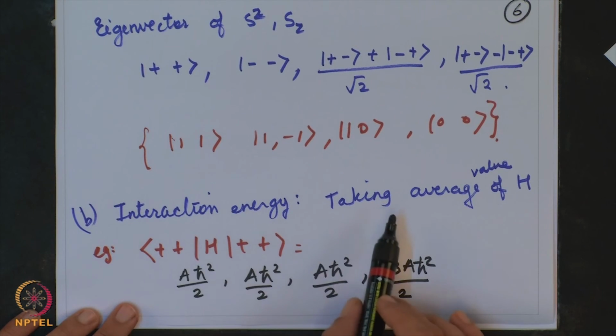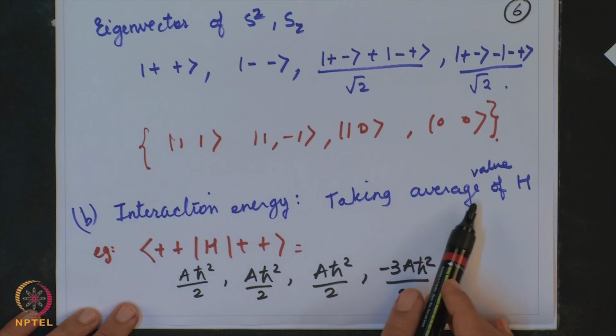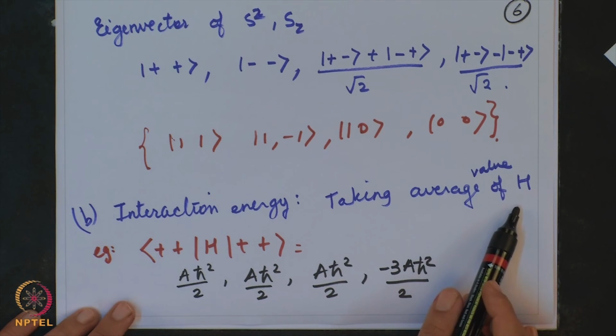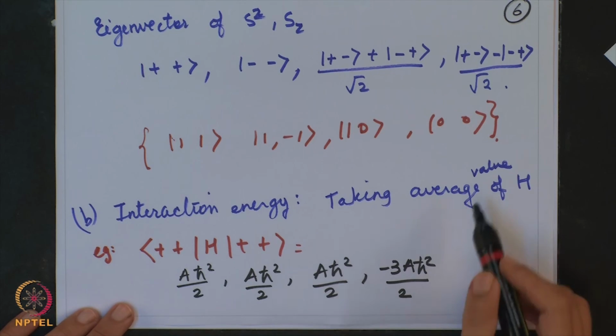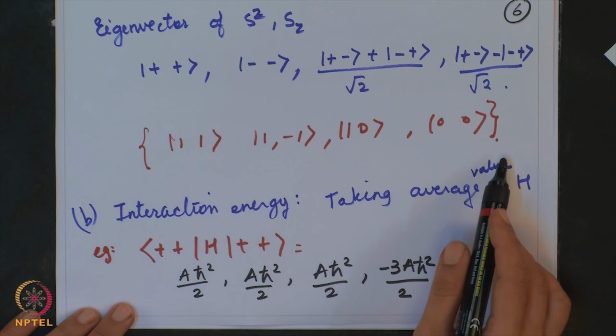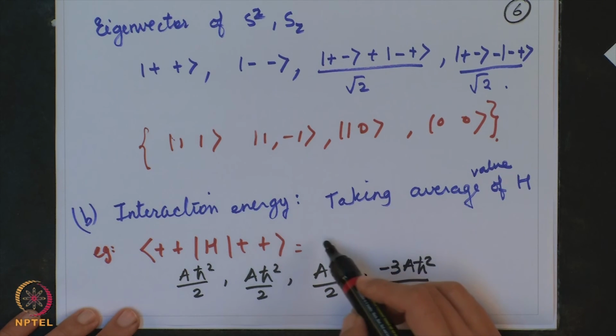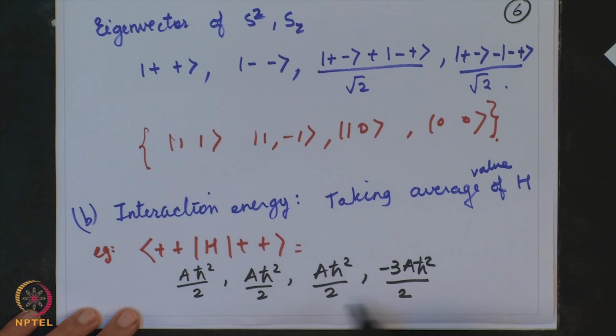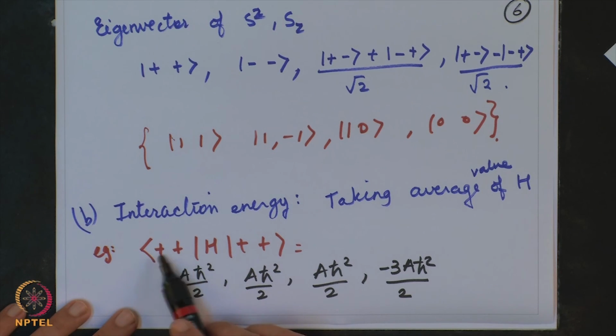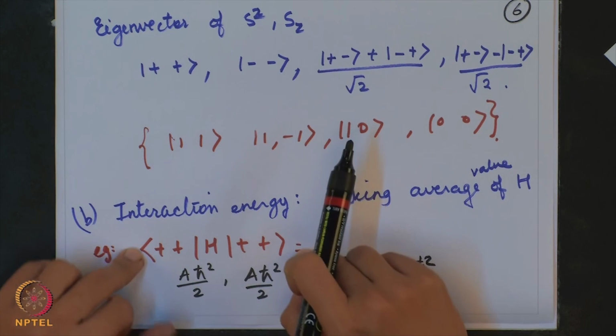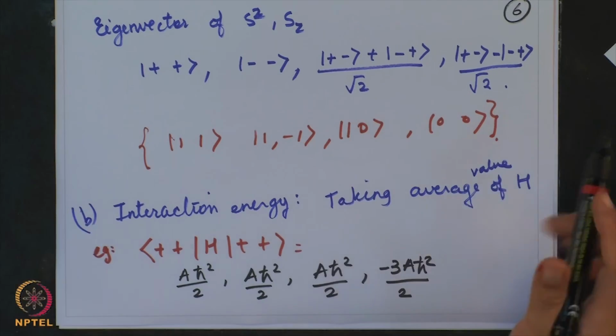So, interaction energy we obtain by taking the average value of the Hamiltonian under these matrices or the eigenvectors, and when you do the averages you will obtain the interaction energy. So, you will take the plus plus or 1 1, 1 0, 1 minus 1 and 0 0 as the kets, initial and the final kets.